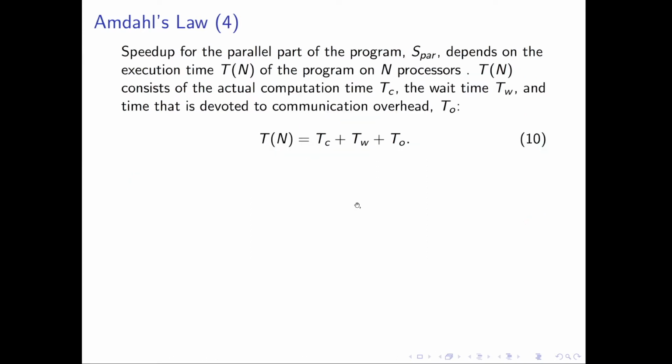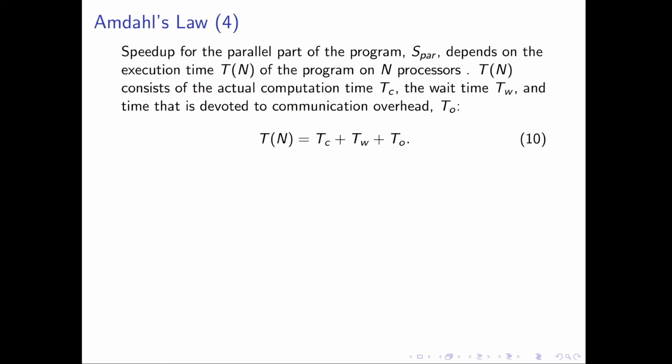There's another important observation: the execution time of a program when being run on n processors is not just the mere time it takes for the processor to execute the instructions, but there's actually more to it.